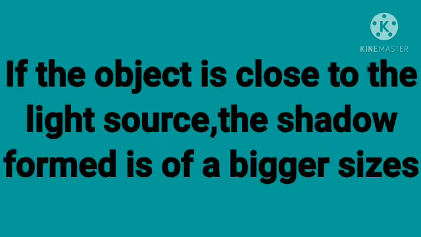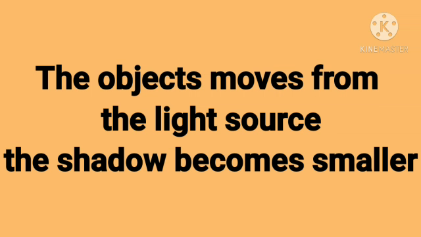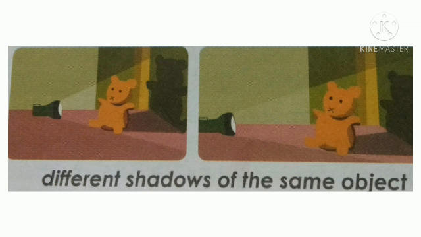If the object is close to the light source, the shadow formed is of a bigger size. And if the object moves away from the light source, the shadow becomes smaller.